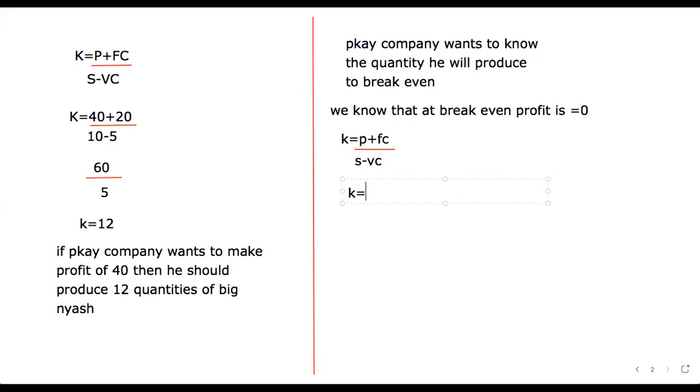We are not looking for any profit, so 0 plus the FC, which is 20, all over the selling price, 10, minus 5, which is the variable cost.